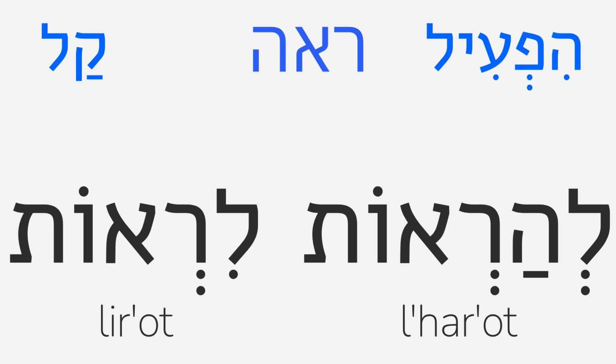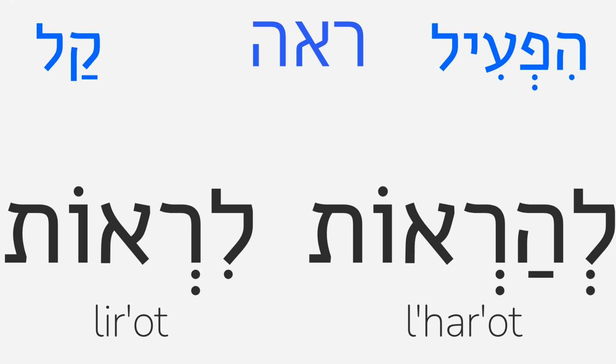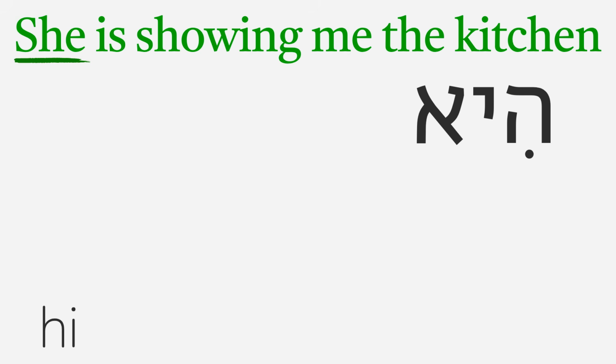Laharot. In fact, roots ending with hey have the same irregularities in the kal and the Hiphil in all the different tenses. Let's say, she is showing me the kitchen. She is hi, and the verb shows is the root resh, aleph, hey in the Hiphil binyan in the present tense.